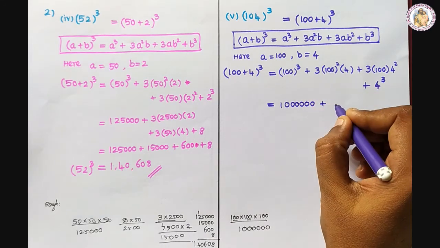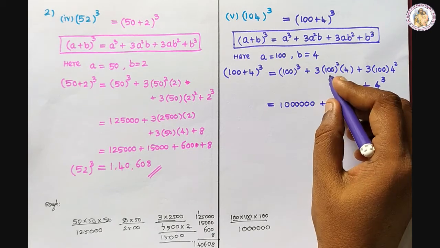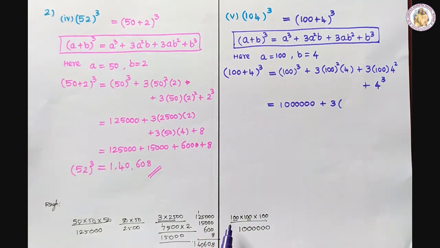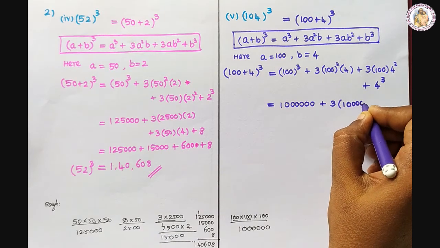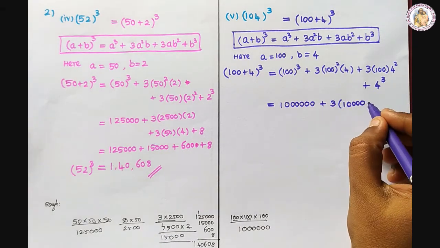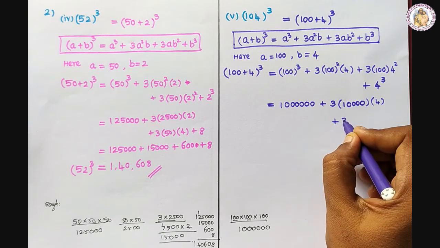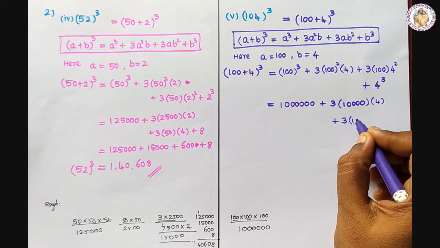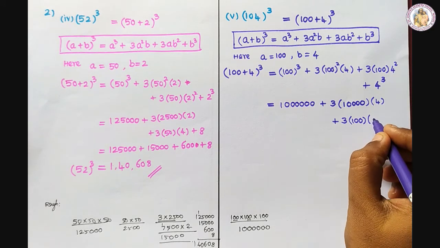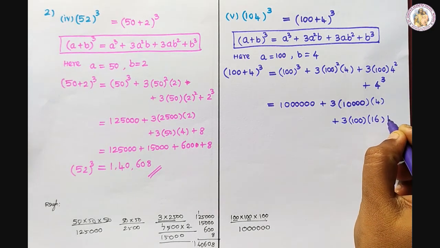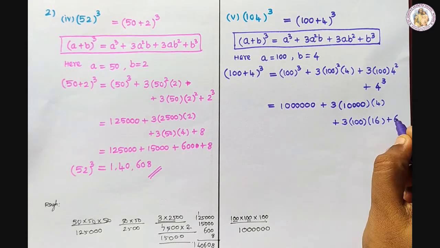Plus 3 into 100 square. How much? 100 into 100, 4 zeros. So 1, 4 zeros, into 4, plus 3 into 100 into 4 square means 4 4s are 16, plus 4 cube, 4 4s are 16, 16 4s are 64.